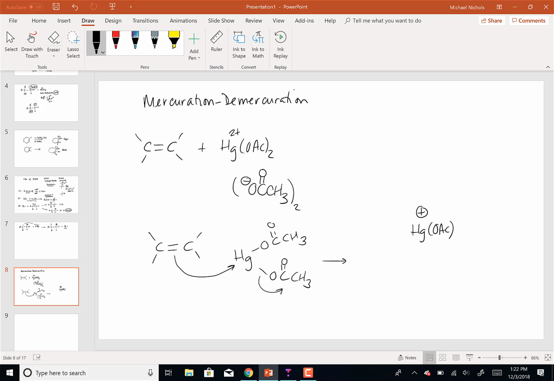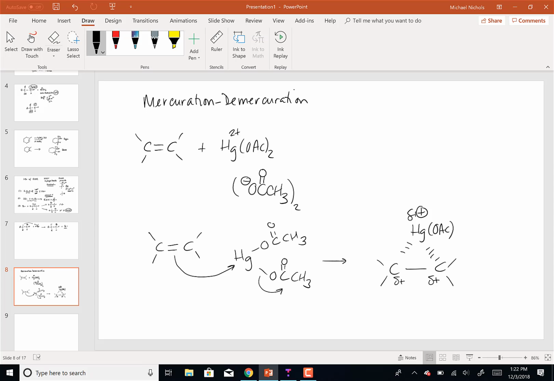Now mercury is big enough to fit over both of the carbons, so that in this case, because mercury is an ion itself, all 3 atoms in the triangle are going to share a positive charge. So some of the positive mercury charge is going to end up down into the carbon.